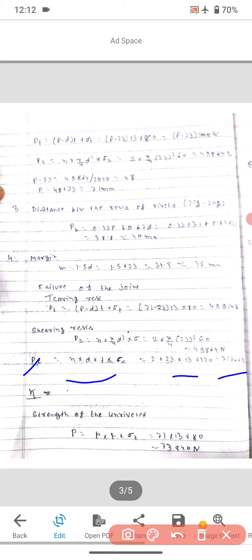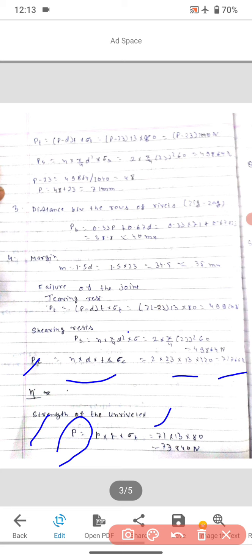Now find out the strength of the unriveted plate. How are you going to find it out? The strength is P equal to small p, the denotation of pitch, multiplied by t into sigma t. The pitch we have already found from the formula and the numerical.